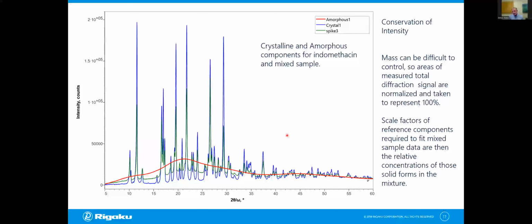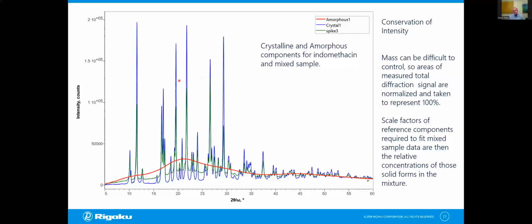So the next step to that is we accept that we can't control the mass in our quantitative analysis or in our process, but we measure our total diffraction signal, and after subtracting the background, we scale them all to a common area. So this is every measured data set. We can't control the mass, so we subtract the background from the measured powder patterns from the total diffraction pattern, and we scale the area of the diffraction signal for each of these samples to have the same total area.